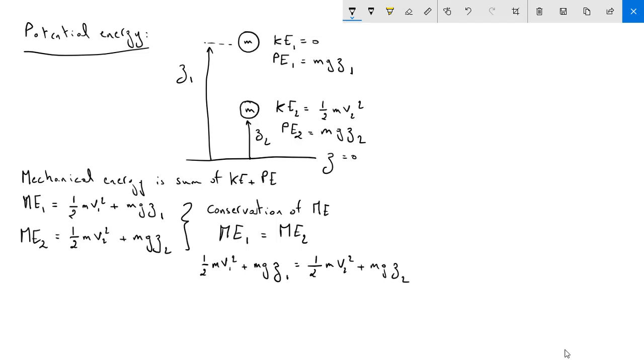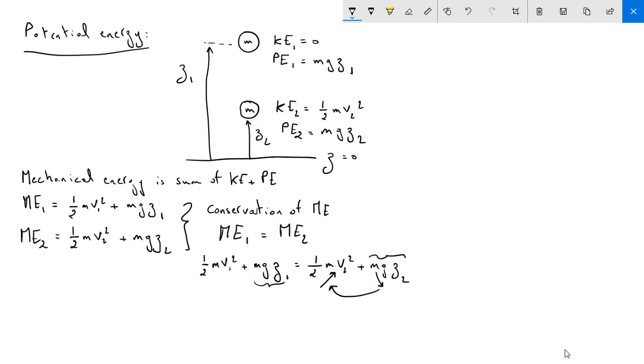So here, as the body is accelerating, the kinetic energy is higher than at 1, but the potential energy has decreased. So the potential energy at 1 is higher than the potential energy at 2. So what's happening is that the potential energy is decreasing and is being transferred to kinetic energy.